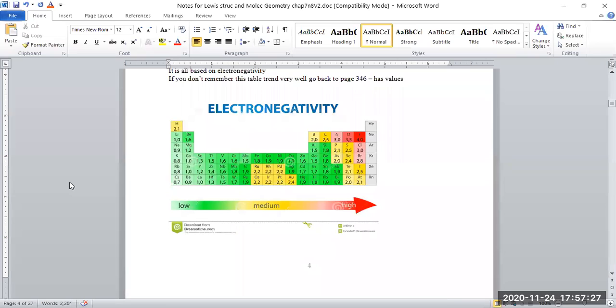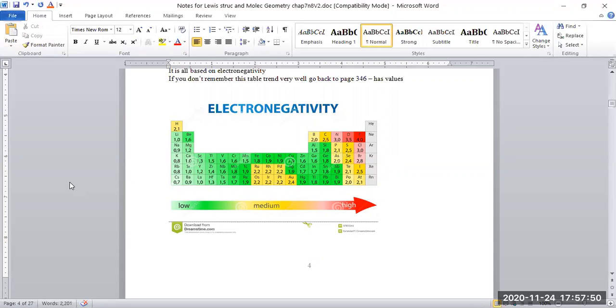So anyway, look at the periodic table here. Look at all the values for the alkali metals and alkaline earth metals. Lithium's 1.0, beryllium's 1.6, potassium's about 0.8, strontium's 1.0. So they're all right around 1-ish.